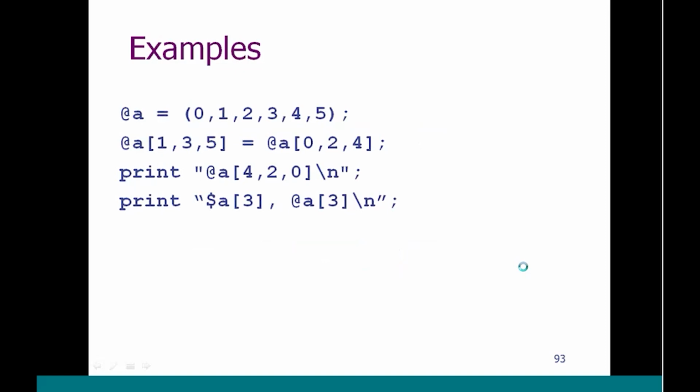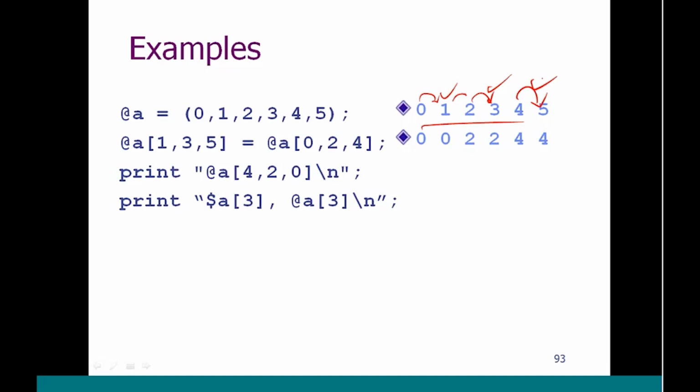So here are some more examples. $A is 0, 1, 2, 3, 4, 5, which is the actual array, and then we replace 1, 3, and 5, which will be replaced by 0, 2, and 4.